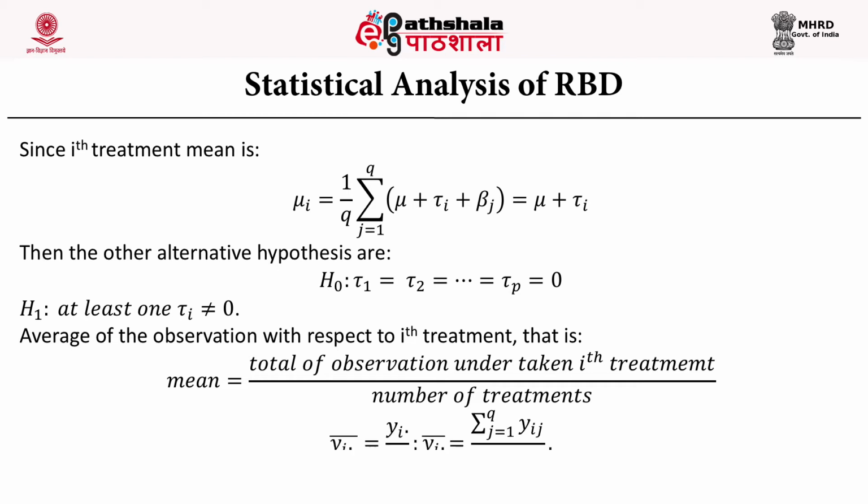So y_i dot bar is equal to y_i dot divided by q, that is, the summation over y_ij, where j varies from 1 to q, divided by q.